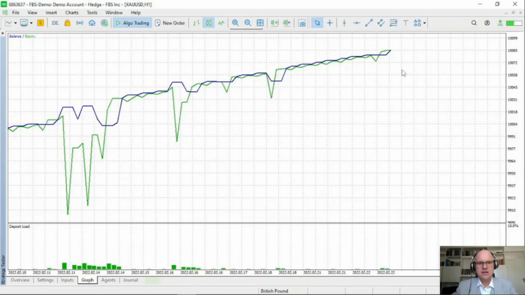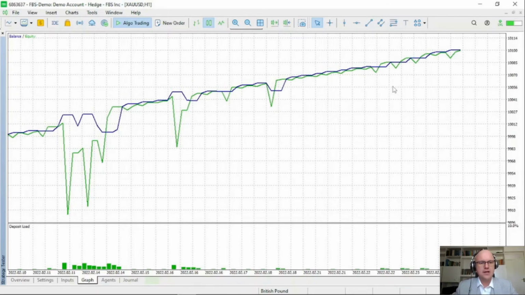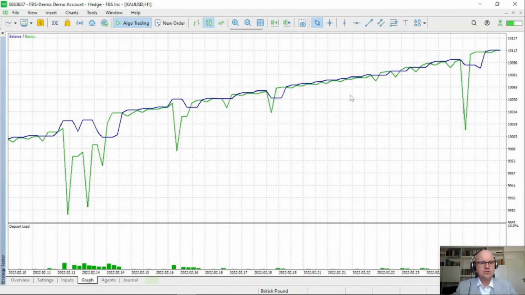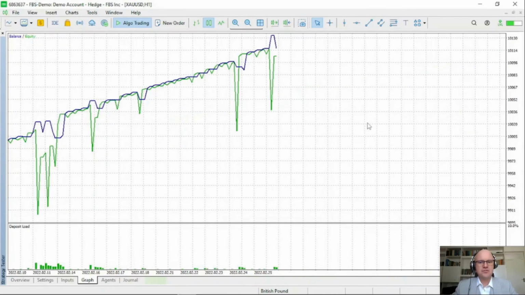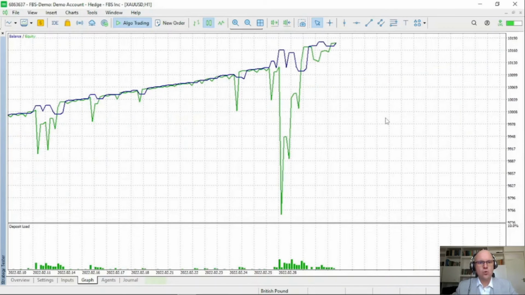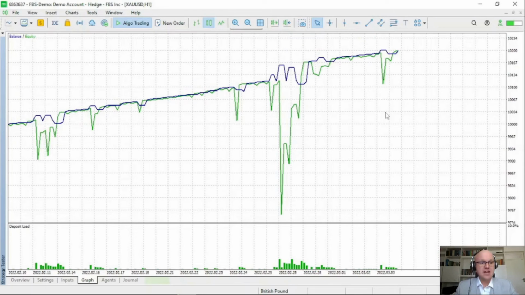So now we have increased from a 0.01 lot to a 0.02 lot with a few other adjustments, including the drawdown reducing algorithm. You'll still see that it is very aggressive, and after a couple of weeks, it has already generated over $200 in return.